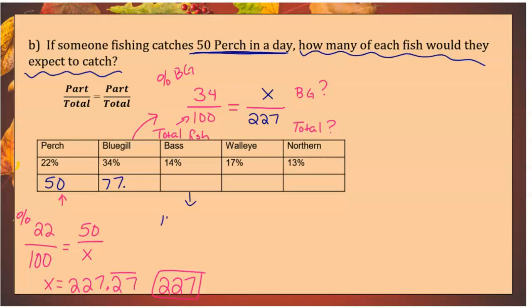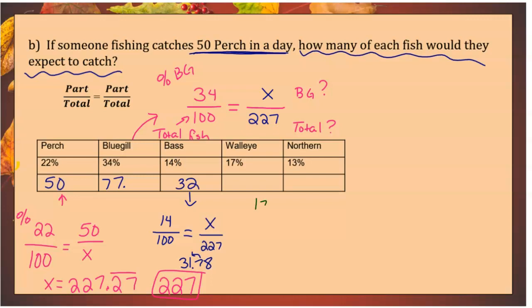Now the bass. 14 out of 100 are the amount of bass in the lake as a percentage. So how many bass is that out of 227 fish? Cross multiply, 14 times 227 divided by 100 is 31.78. So now I'm going to round that 1 up to a 2 for 32 fish.